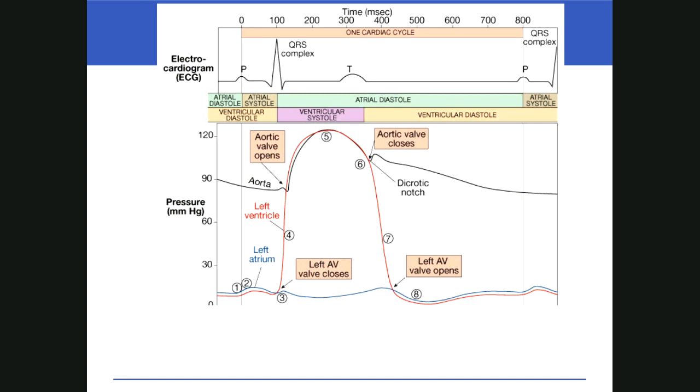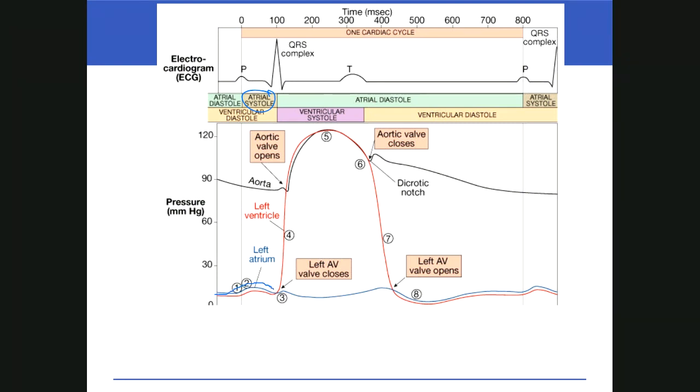Remember, we looked at the walls of the atria. The atria have very, very thin walls. And so they cannot produce much pressure at all. But when the atria go into systole, look, the pressure goes up.